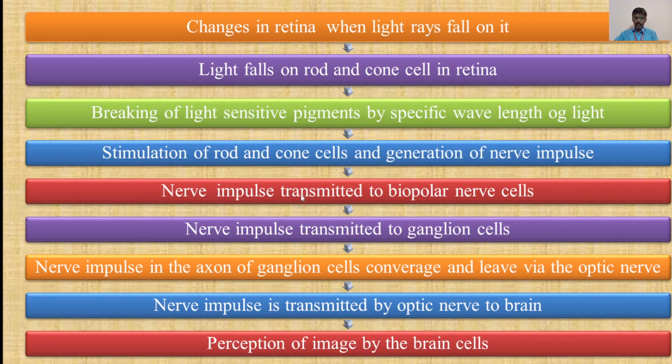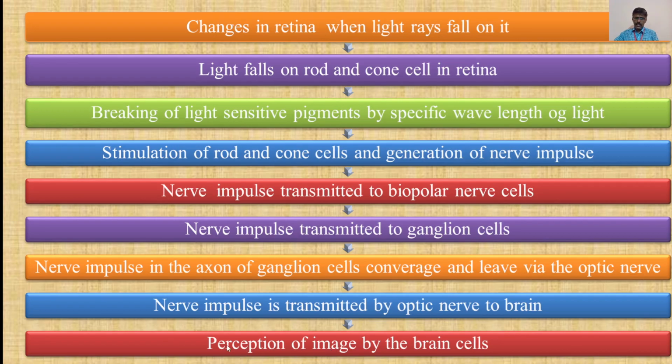Then this nerve impulse is transmitted to bipolar nerve cells. All of you, we have studied the bipolar nerve cells. Then the nerve impulse is transmitted to the ganglion cells. Nerve impulses in the axons of ganglion cells converge and leave via the optic nerve. Then the nerve impulse is transmitted by the optic nerve to the brain.